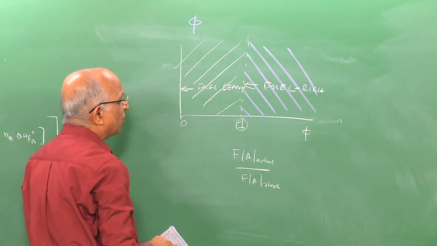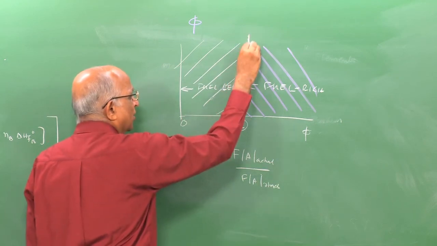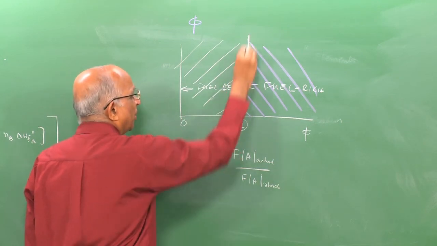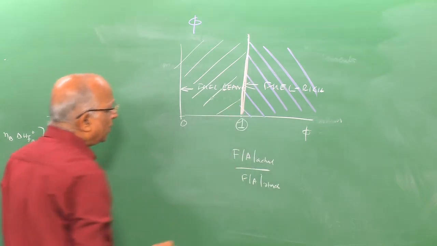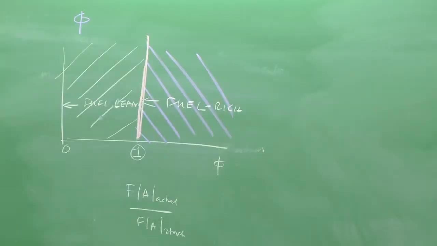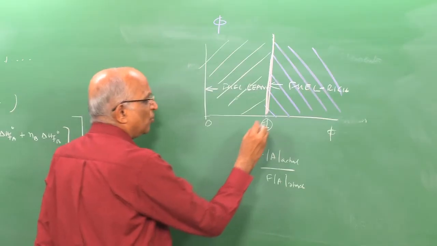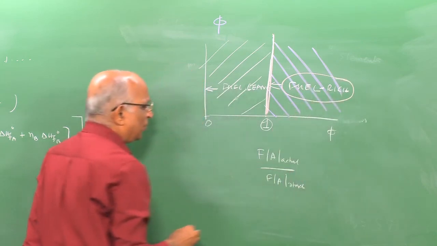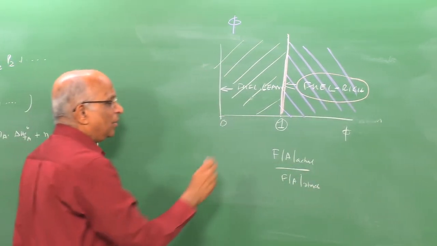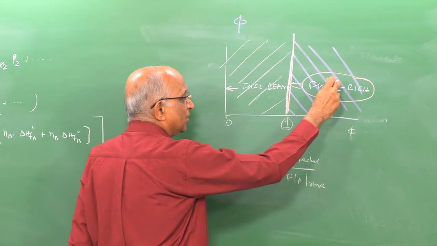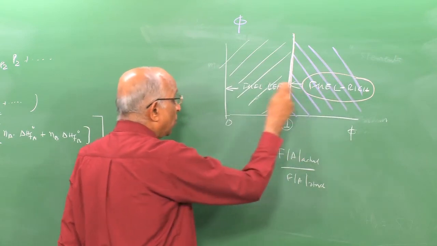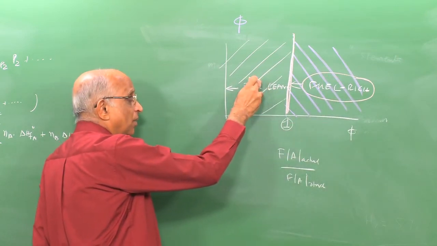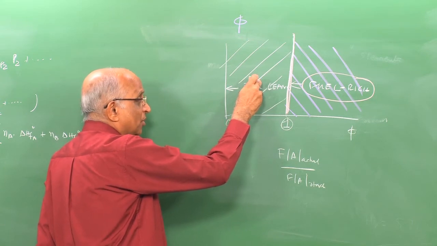and 1 corresponds to stoichiometry, and this particular region corresponds to fuel lean. What separates the fuel lean from fuel rich is an optimum which gives me the stoichiometric value. In practice, this is important because most of the explosives which we deal with are somewhat fuel rich, and therefore we should have some method of calculating the energy release in fuel rich mixtures, but we could also get a fuel vapor mixture which is fuel lean.